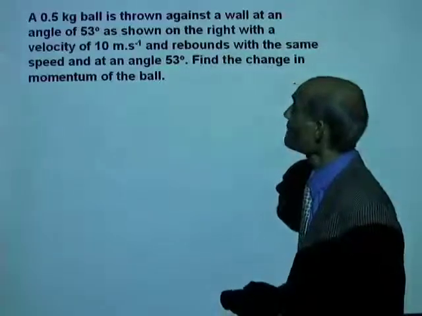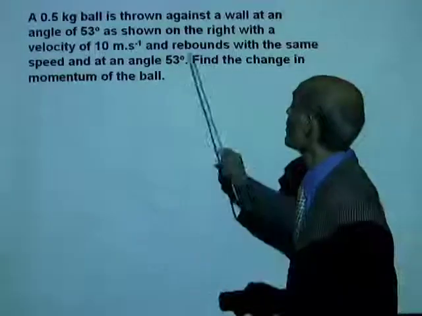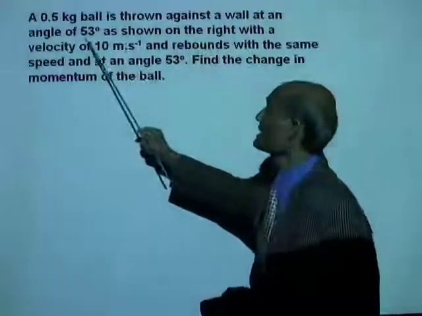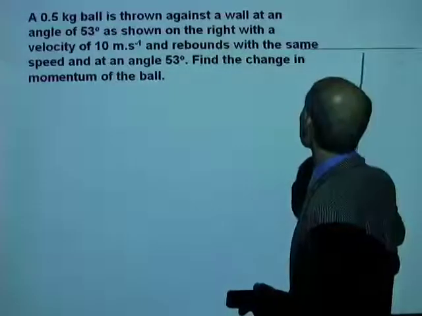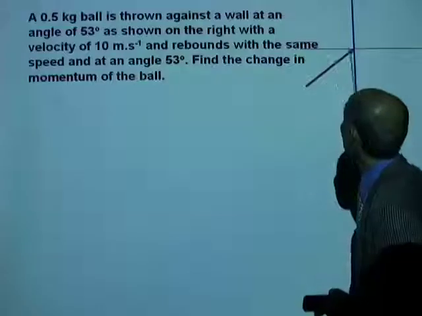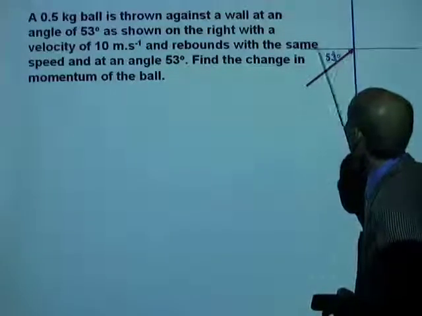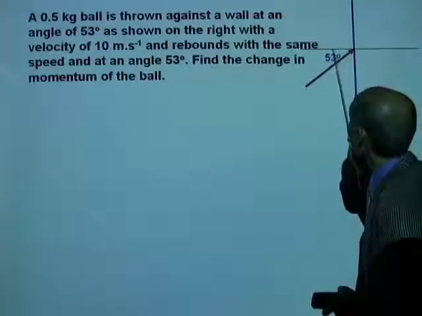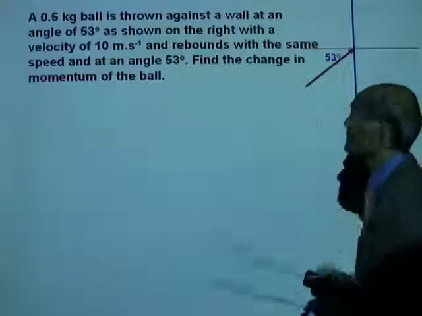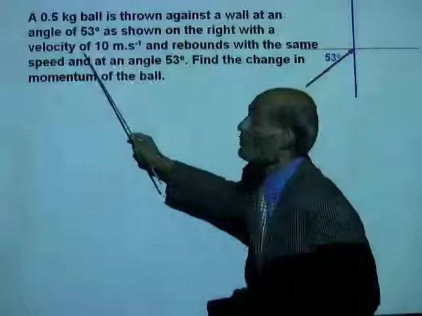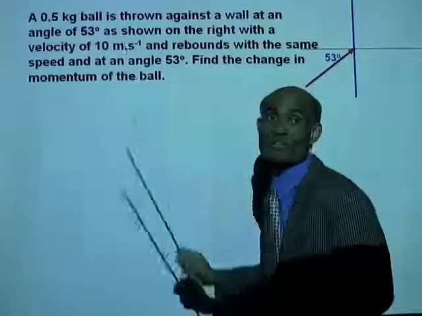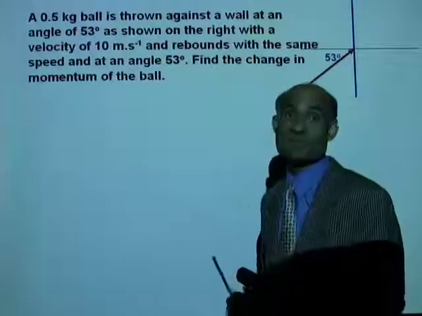A 0.5 kilogram ball is thrown against the wall at an angle of 53 degrees as shown on the right. Here is the ball thrown at an angle of 53 degrees. That is the angle 53 degrees. And the initial velocity is 10 meters per second.